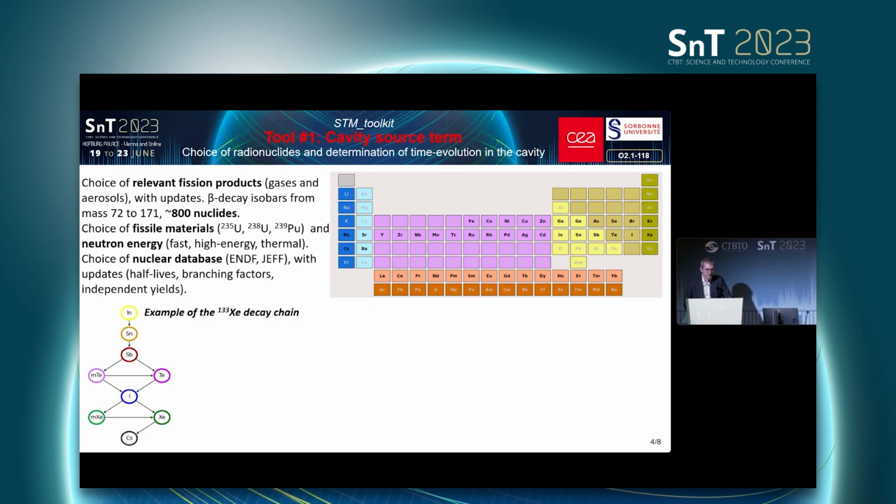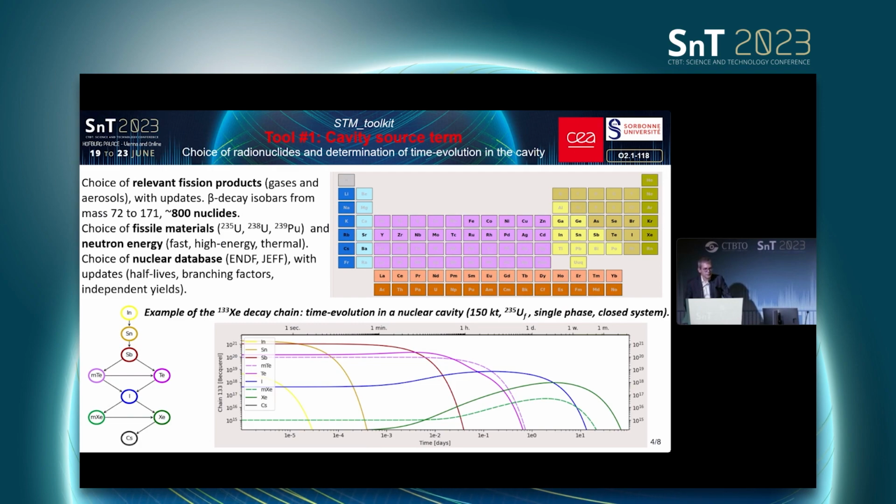With that, as illustrated here for the xenon 133 decay chain, STM Toolkit provides the time evolution of the quantities of all the nuclides in a nuclear cavity, here shown without any fractionation in a log-log plot with a time scale of 100 days. Here, my example is for a 150 kiloton nuclear explosion.